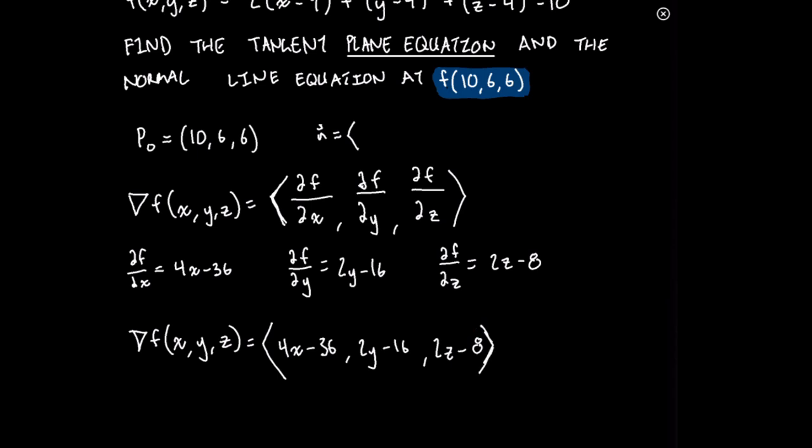And this function is going to give us our normal vector. Okay, so let's plug our values in for x, y, and z and see what we get for our normal vector.